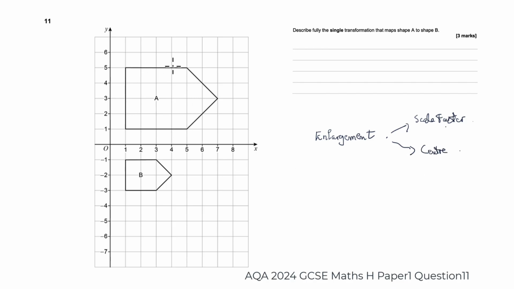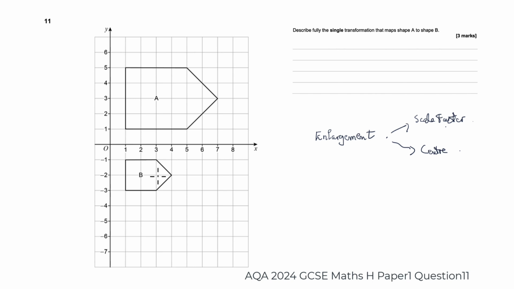So we're going from this large shape, A, to a smaller shape, B. Let's look at the lengths of the lines on the sides. This bottom edge of shape A is 4 units long, 4 squares.